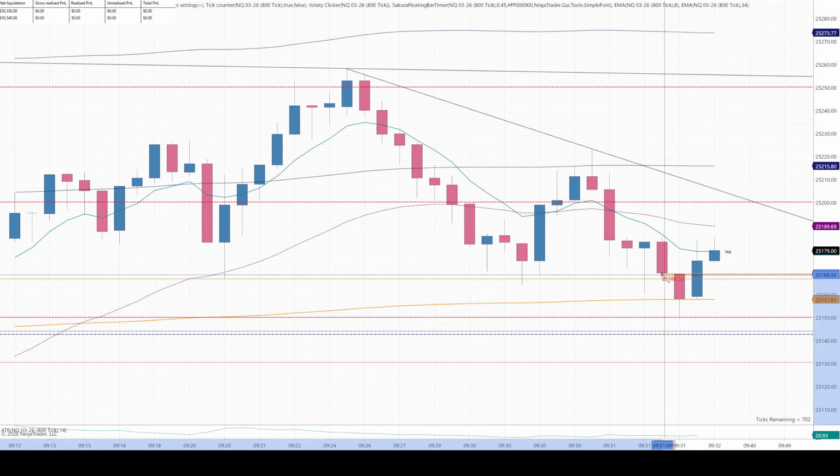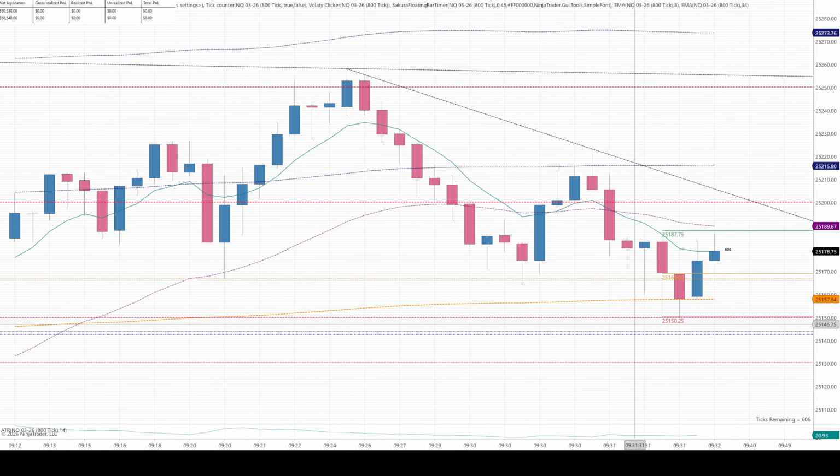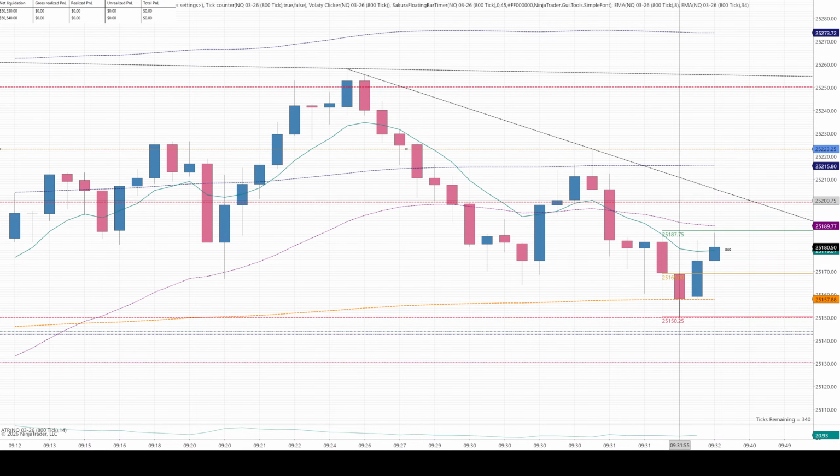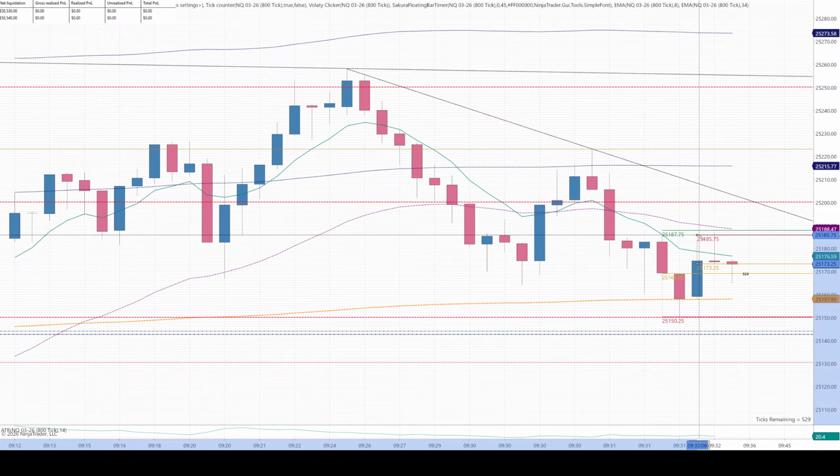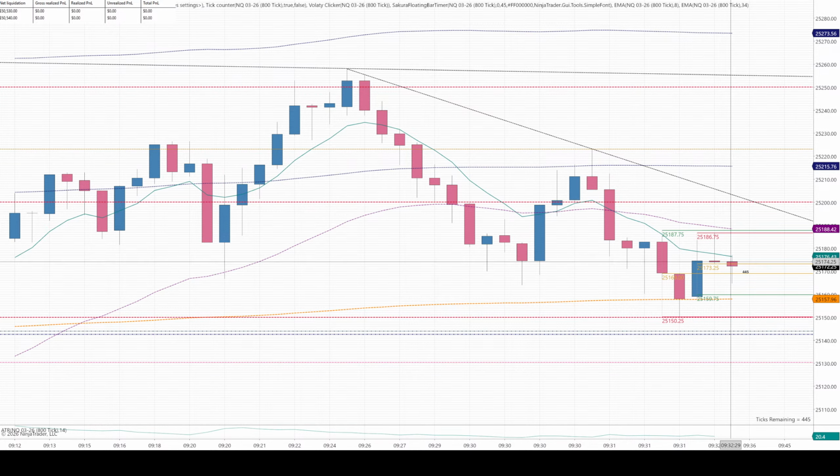I missed that one. This is the bullish signal right there. I missed the bearish signal too.